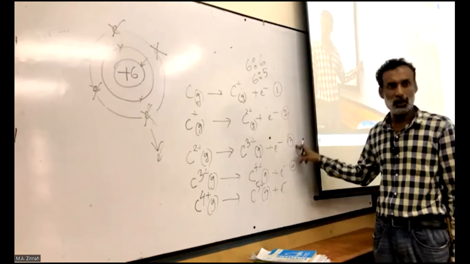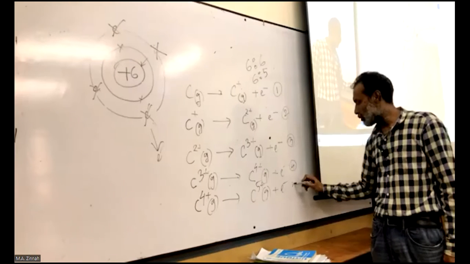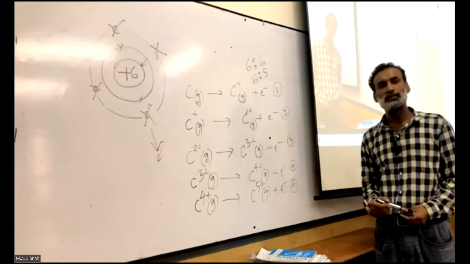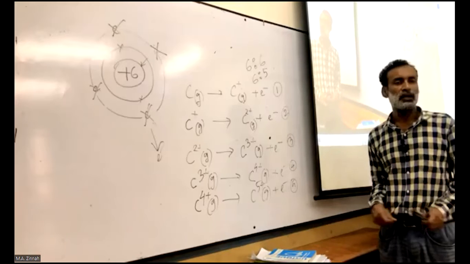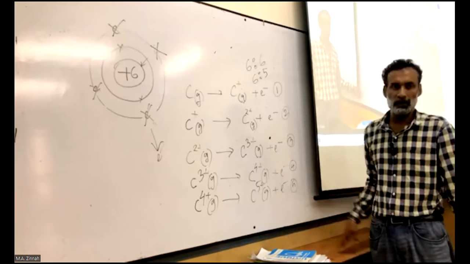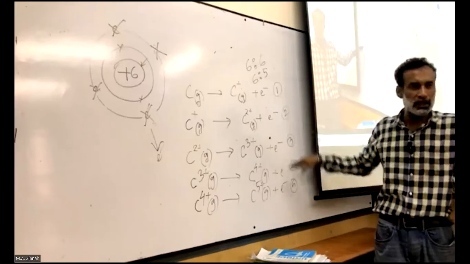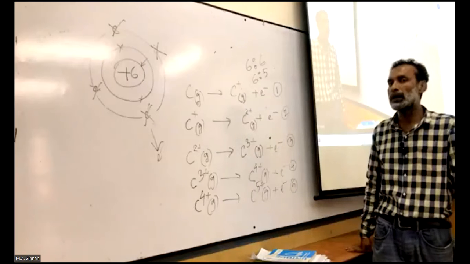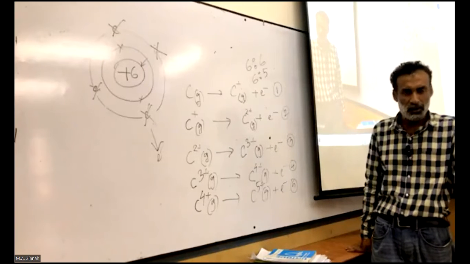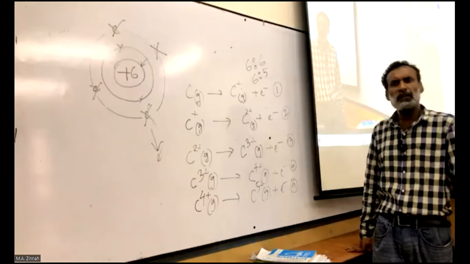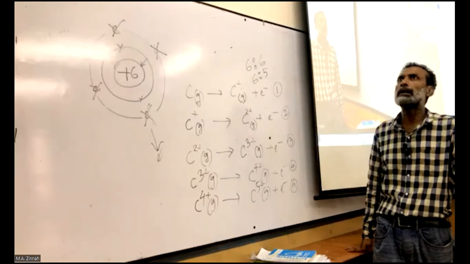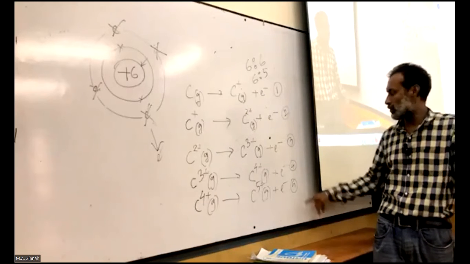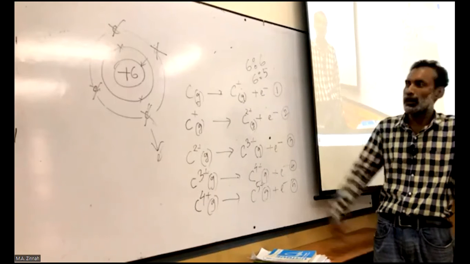third or any other. And how about the fifth ionization energy? This should be greater than the fourth. They are gradually increasing, right? The values are gradually increasing. Okay, so is there any difference or any remarkable value here for the fifth ionization? Look at the structure.